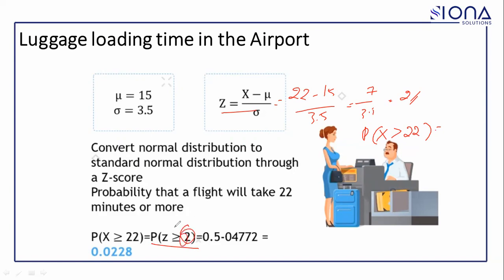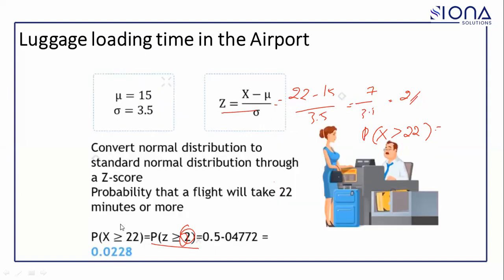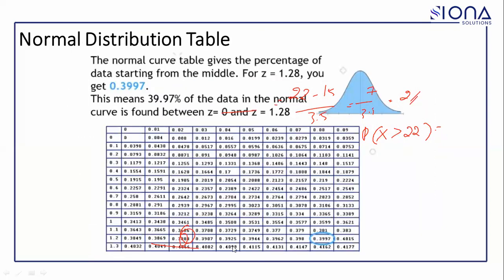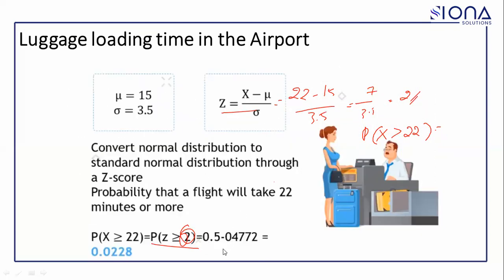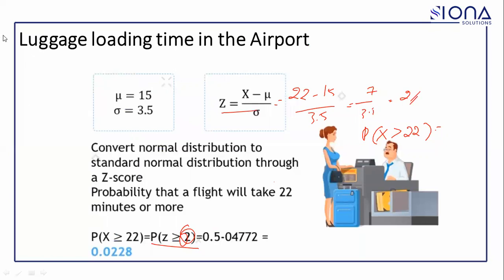So you need to find the value of Z. For the Z value of 2, you get this particular value.